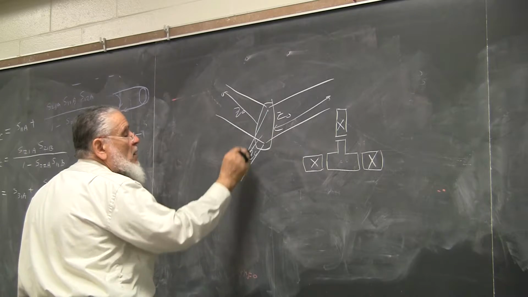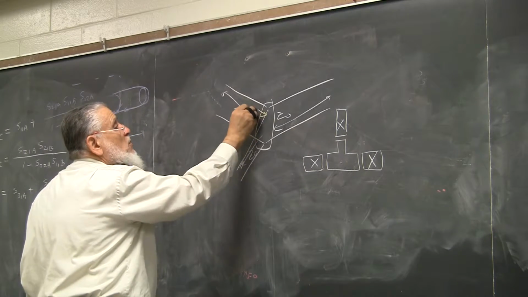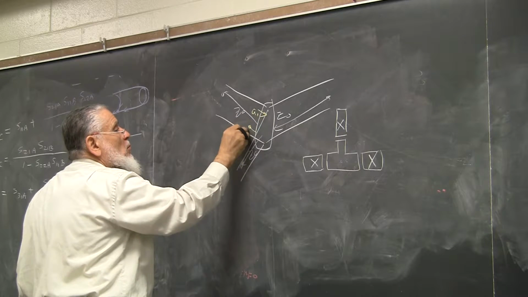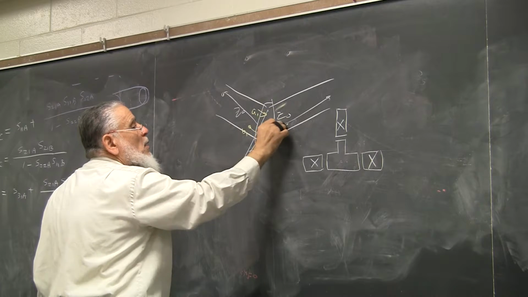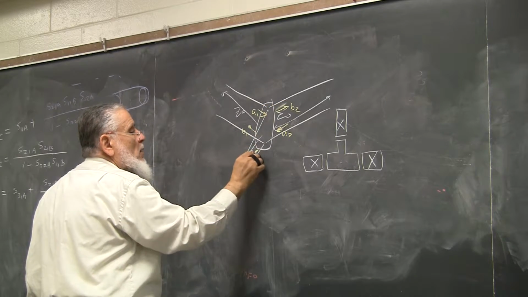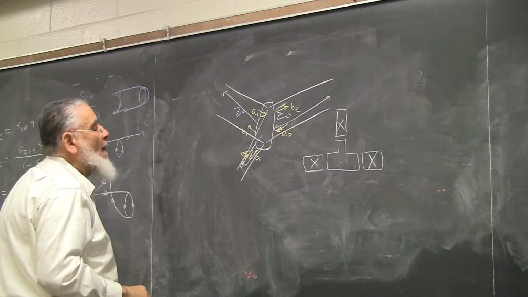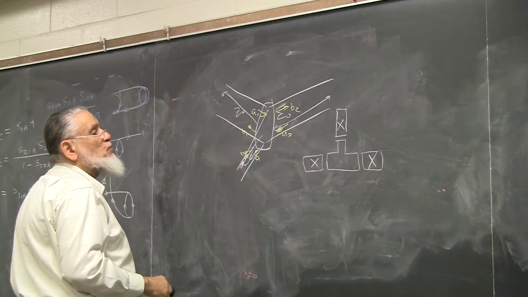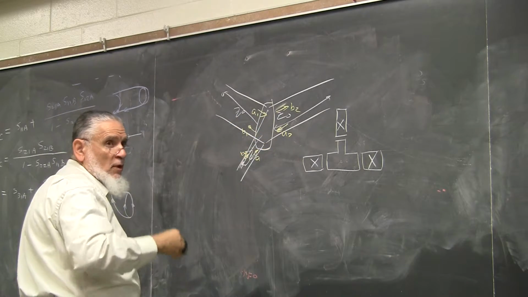So again, in the junction, you've got A's and B's. You've got A1, B1, A2 and B2, and A3 and B3. Each one of those is represented by its own infinite line.